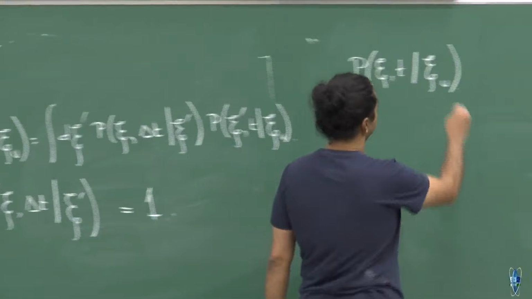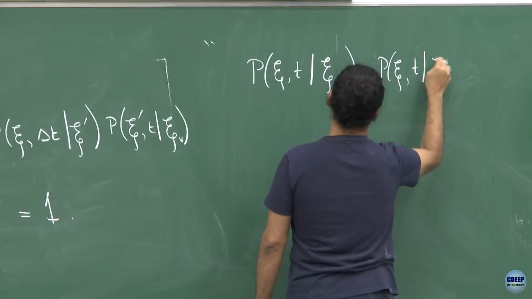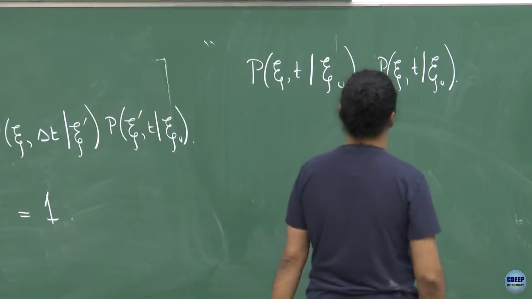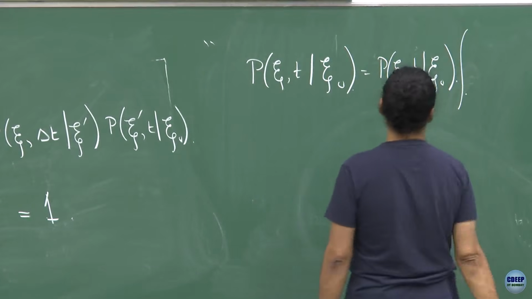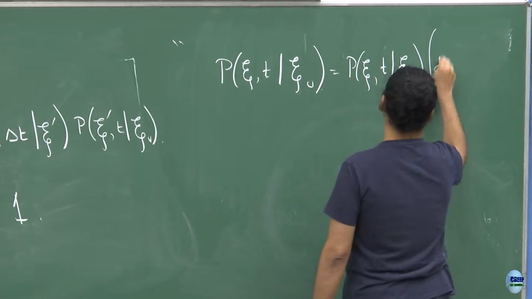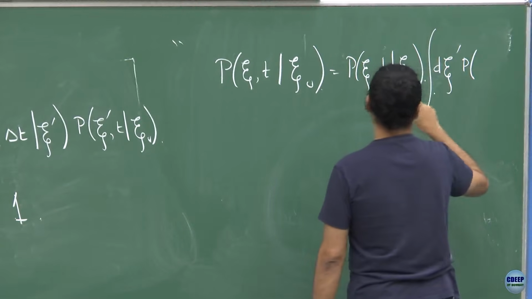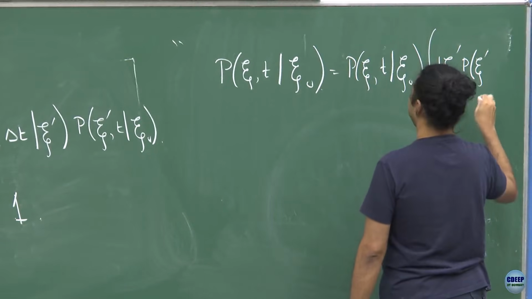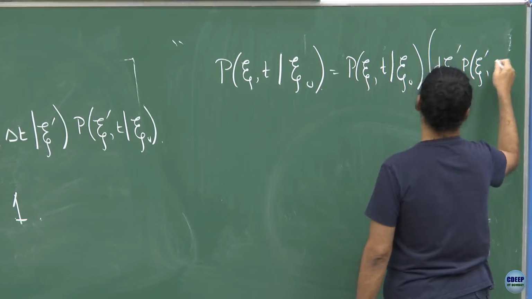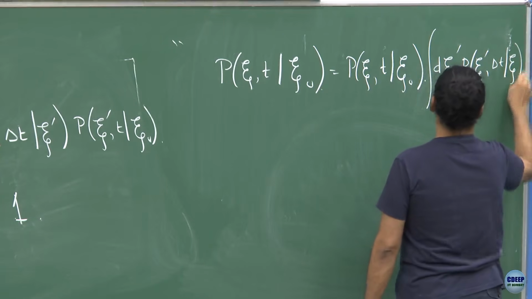So, this thing is p of xi comma t given xi naught, times, let me use this condition, d xi prime p of xi prime comma delta t given xi.